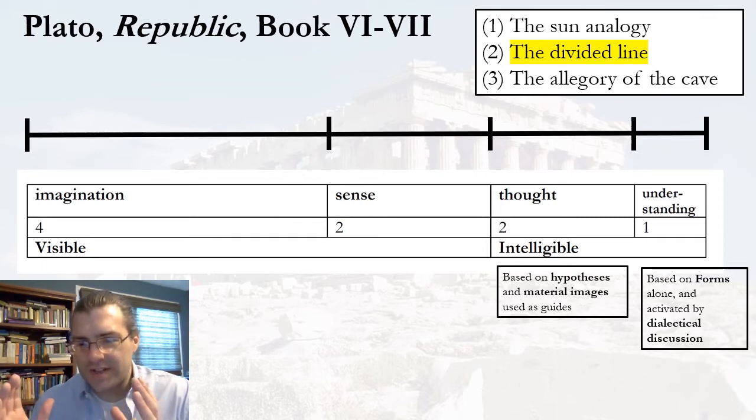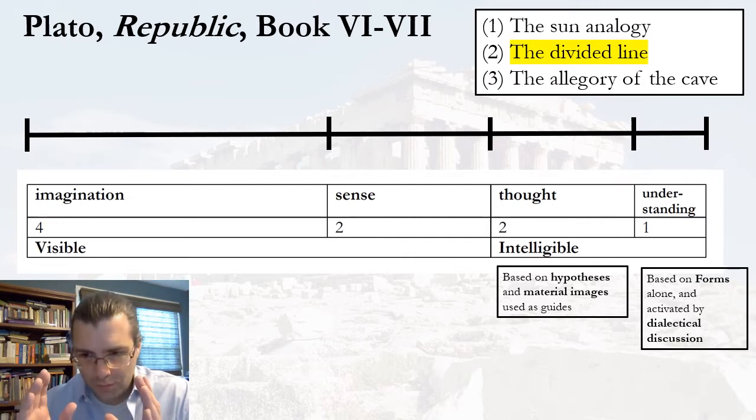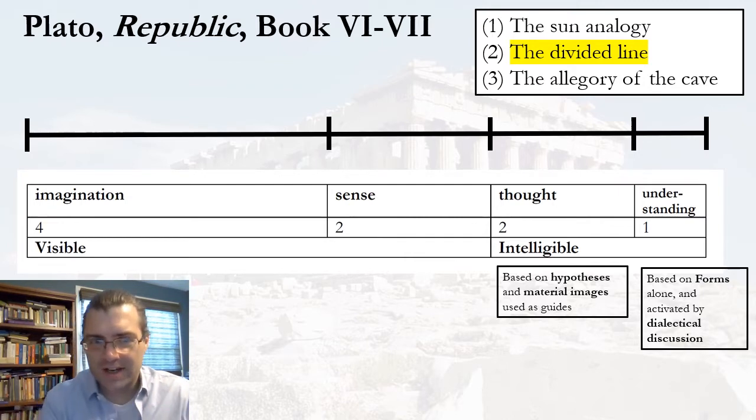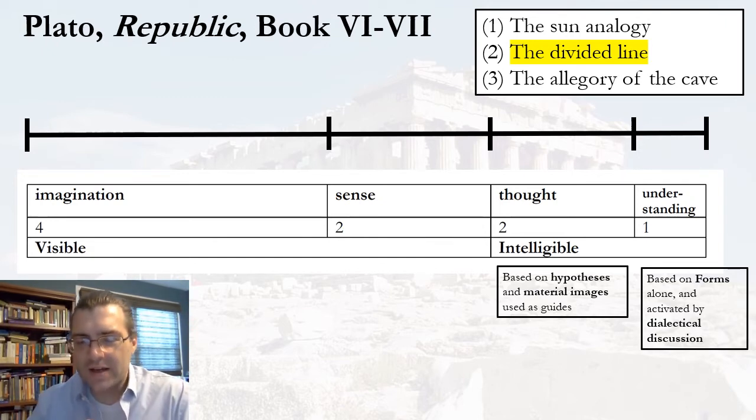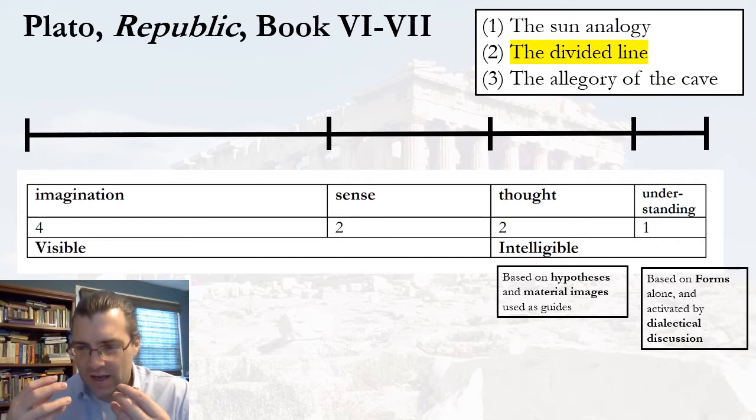And he says, notice that just like the relation between a horse and an image of a horse in water, as captured between the sense portion and the imagination portion, in the same way there's a correlation between the hypotheses that geometers use and the ideas that they're representing by those hypotheses.